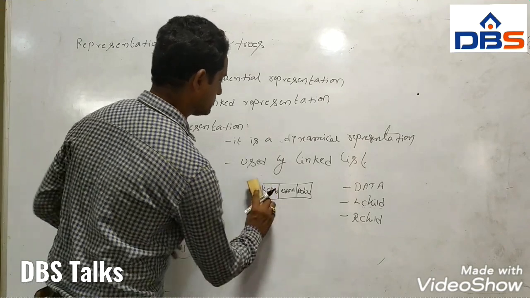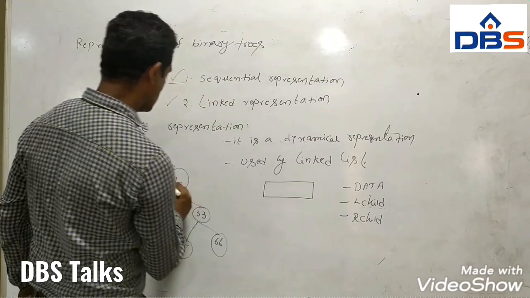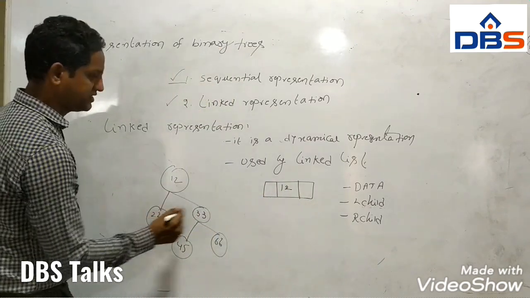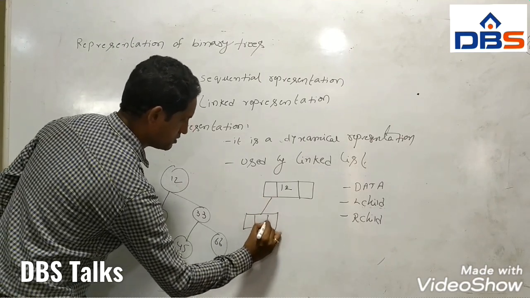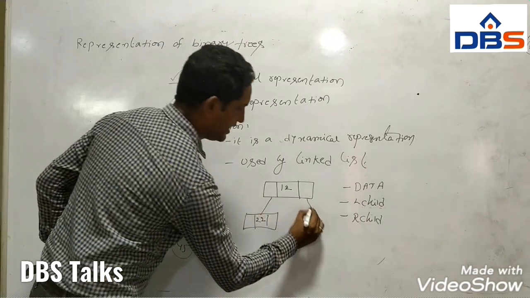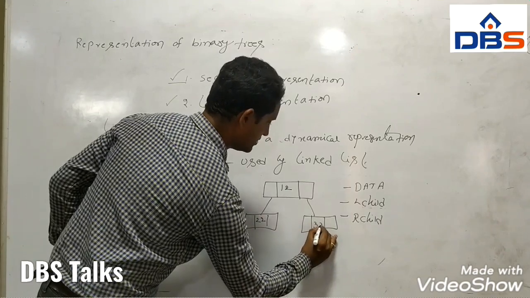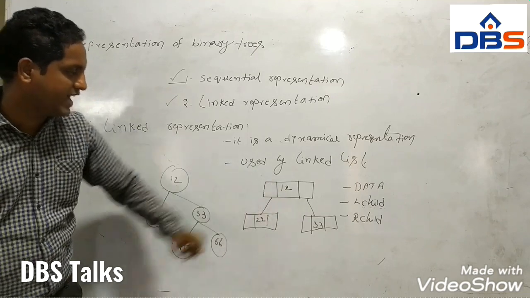See, the root node is 12. On the left side is 22 and the right side child is 33. This is the left child and this is the right child.